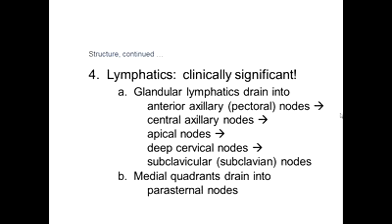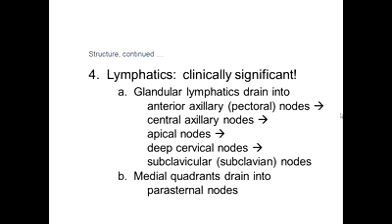It is a very important university question and comes in your paper 1: what is the lymphatic drainage of the breast? Sometimes it comes as: name the different axillary lymph nodes, or draw the lymphatic drainage of the breast. It is clinically significant and important from the examination point of view.